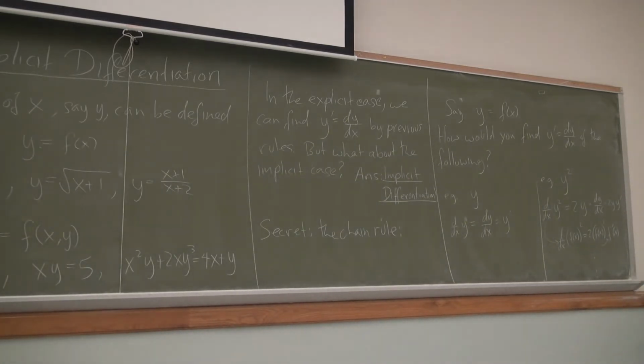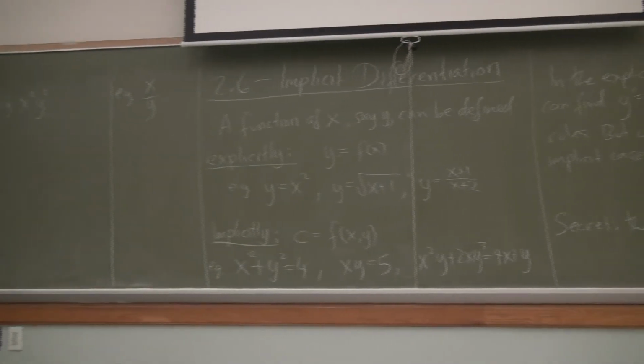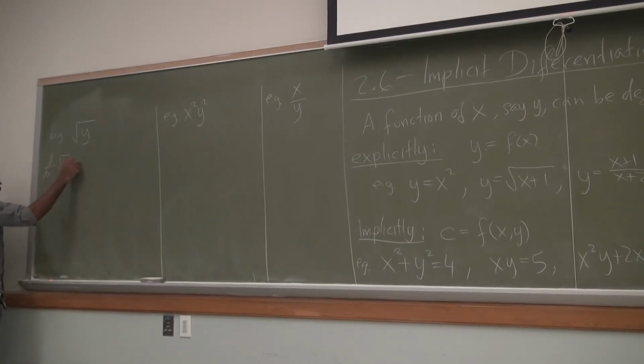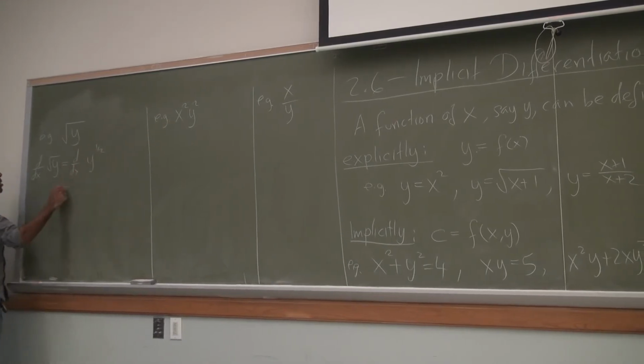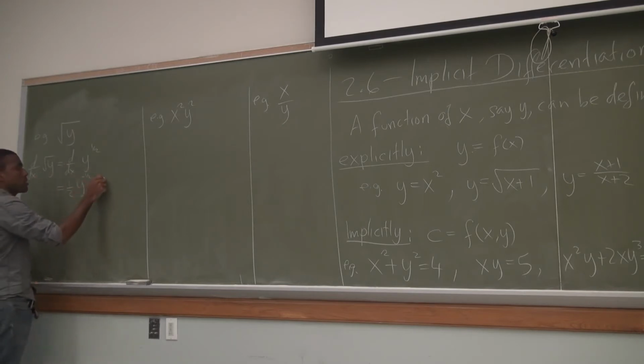So radical y, how do you differentiate that? You can rewrite this as y to the 1/2, and then use the chain rule. So you bring the half down, leave the inside function intact, subtract 1 from the power, then you multiply by the derivative of the inside function, which is y, whatever it is.